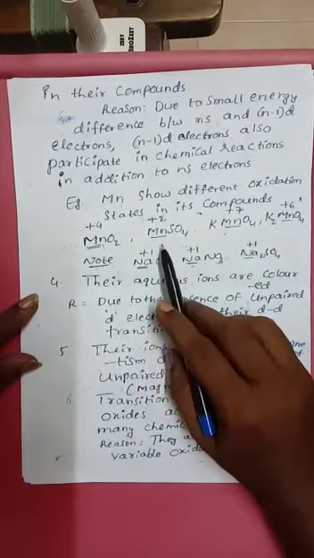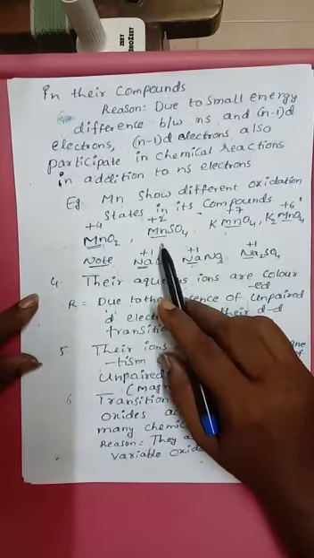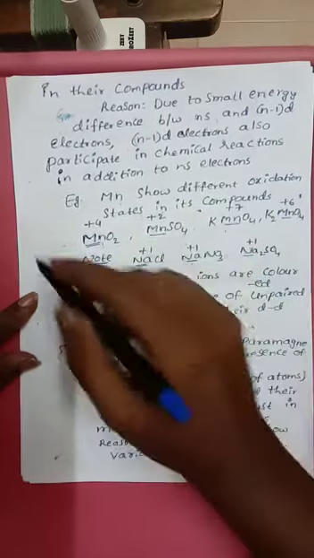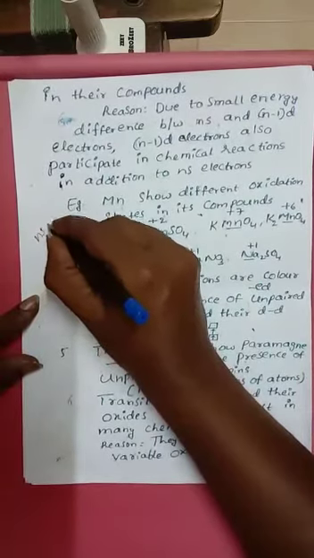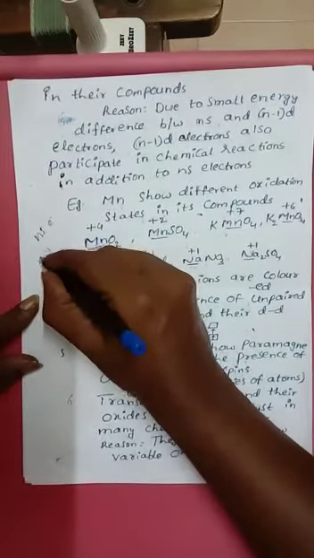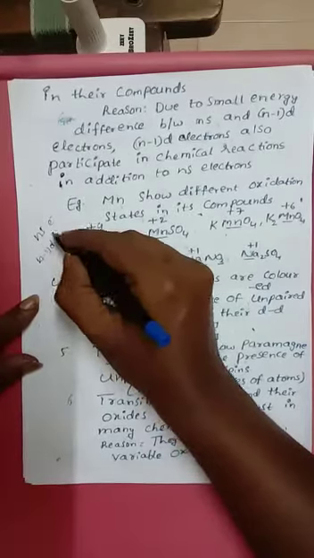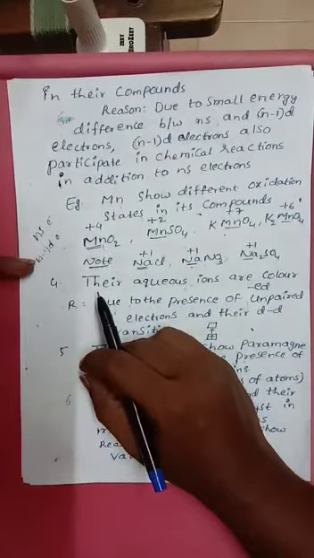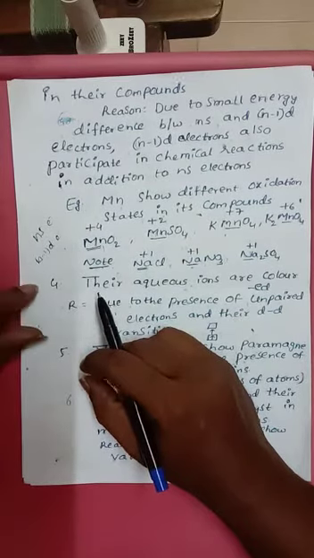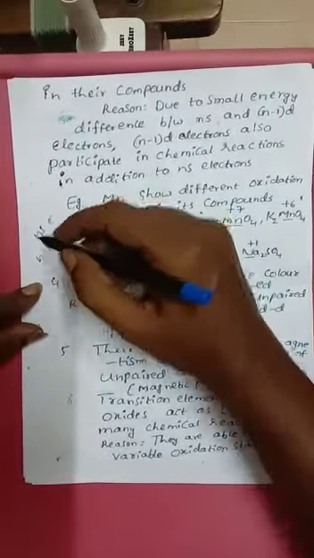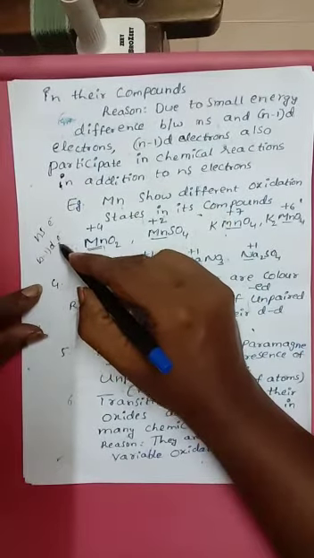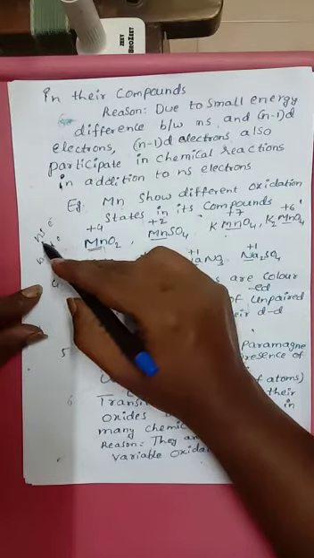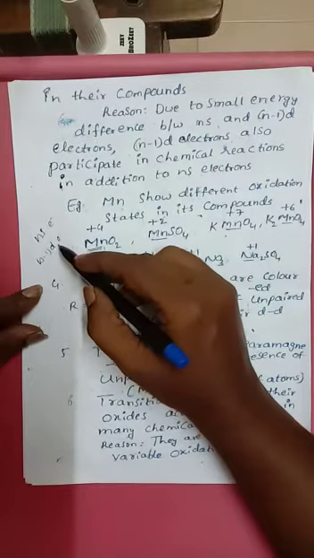Okay, why do the transition elements show more than one oxidation state in their compounds? Very simple. Between ns electrons and (n-1)d electrons, the energy difference is very small. Because of that reason, (n-1)d electrons also participate in chemical reactions along with ns electrons.